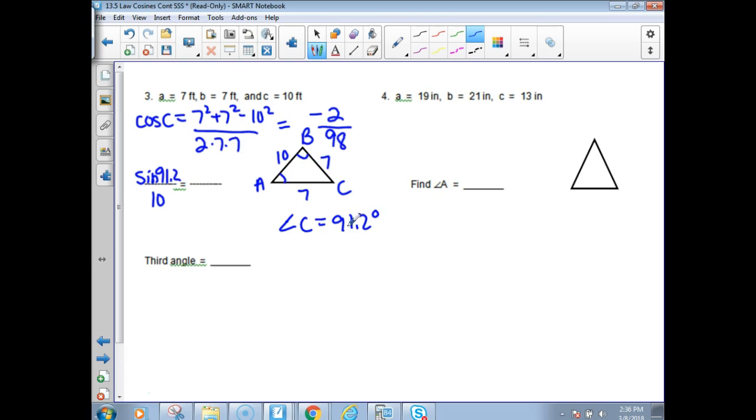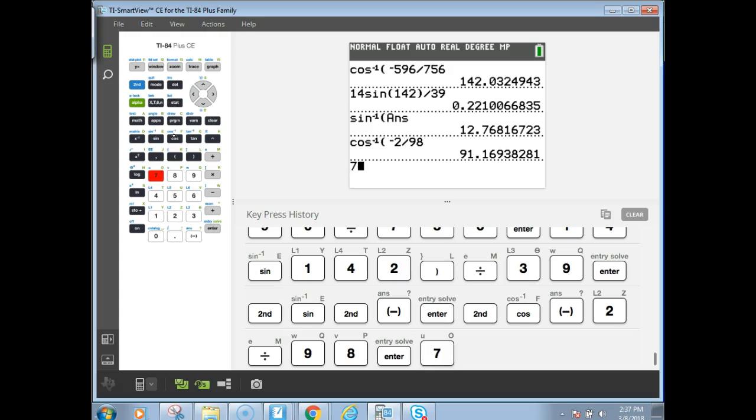So you do 180 minus 91.2 and divide that by 2. But anyway, I'll continue with just doing my sine. So I can just do one of them though. So the sine of A is to 7. Okay, 7 sine 91.2 divided by 10.